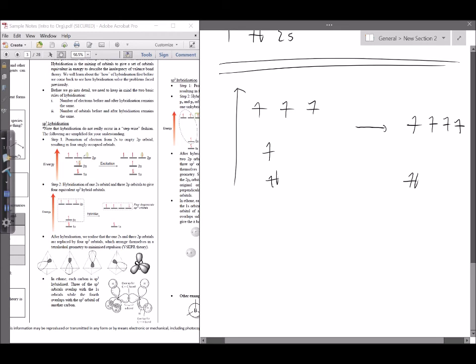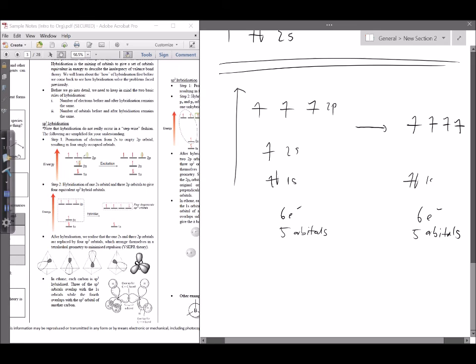Originally you have how many electrons? 1, 2, 3, 4, 5, 6 electrons. After hybridization, you still have 6 electrons. The number of electrons is conserved. Now let's count the number of orbitals. Before hybridizing, you have 1, 2, 3, 4, 5 orbitals. After hybridization, you still have 5 orbitals. It is also conserved.